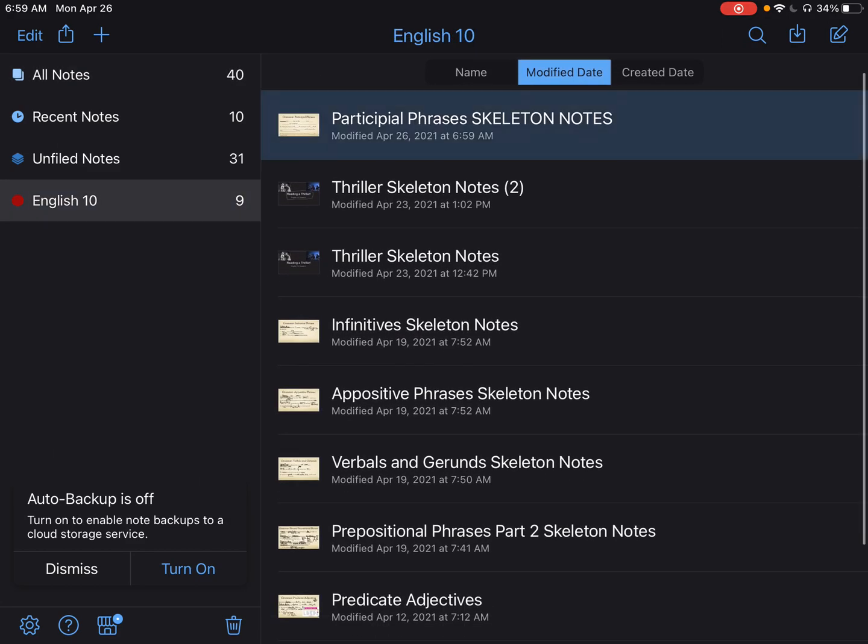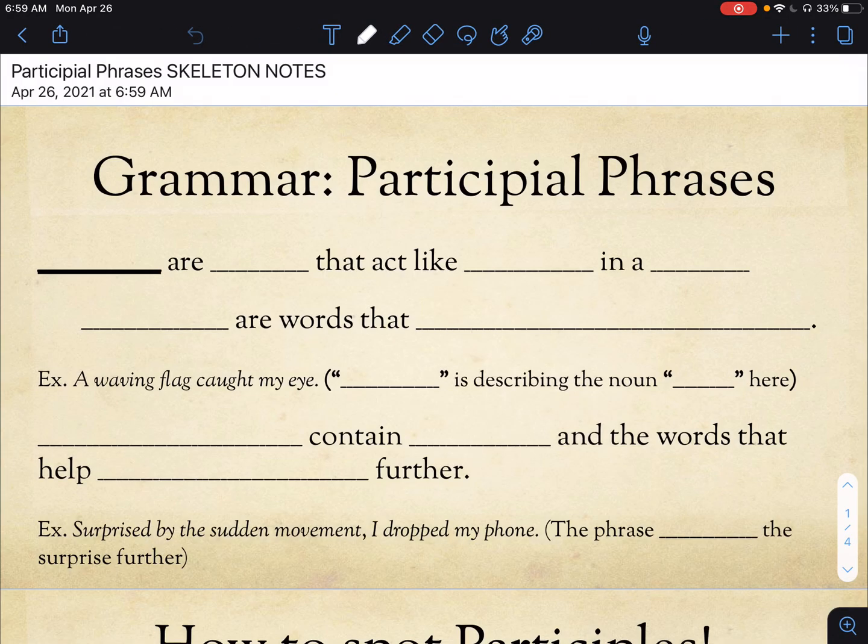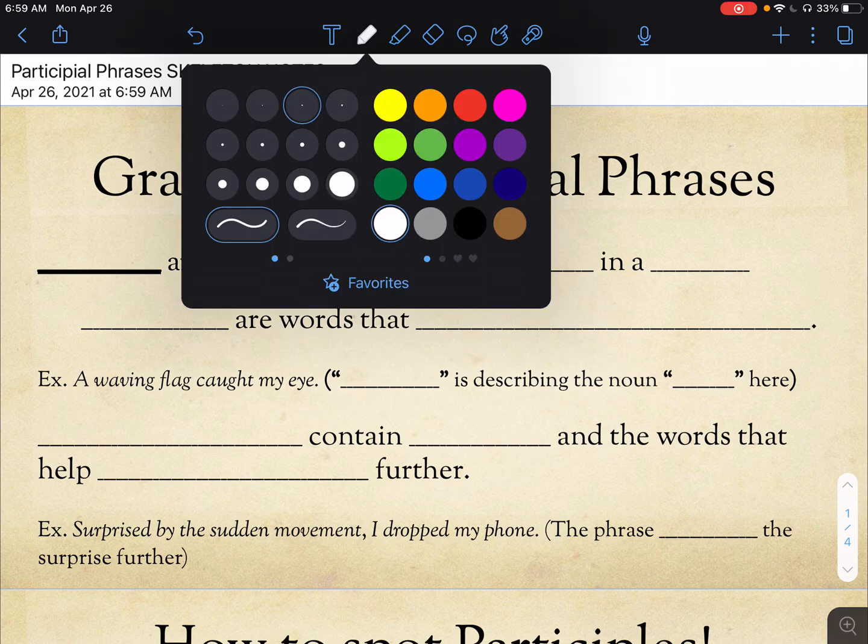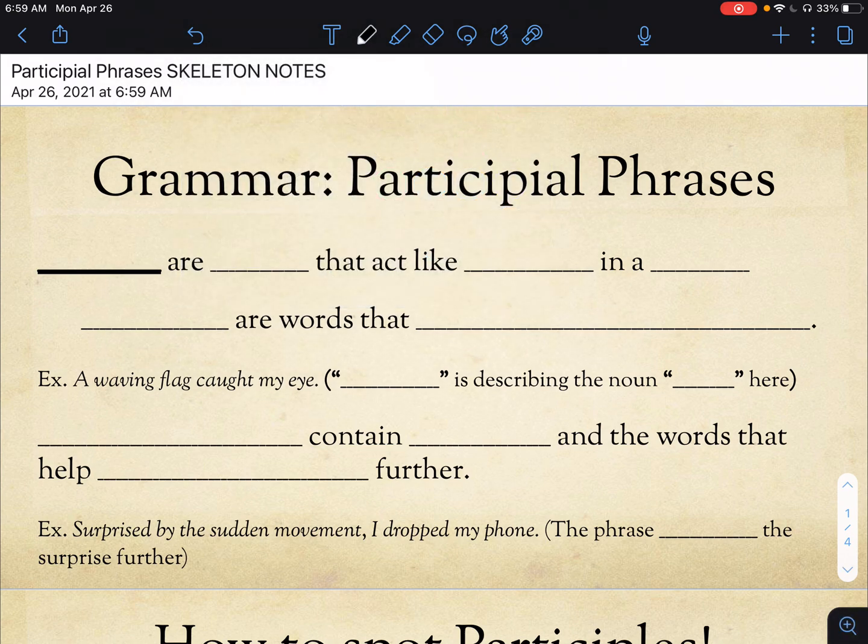So today we're going to talk about participles. Now, this is our last type of verbal phrase. Let's make sure that's in black color today. This is our last type of verbal phrase, and participles are verbals, remember, which are verbs acting as other parts of speech.